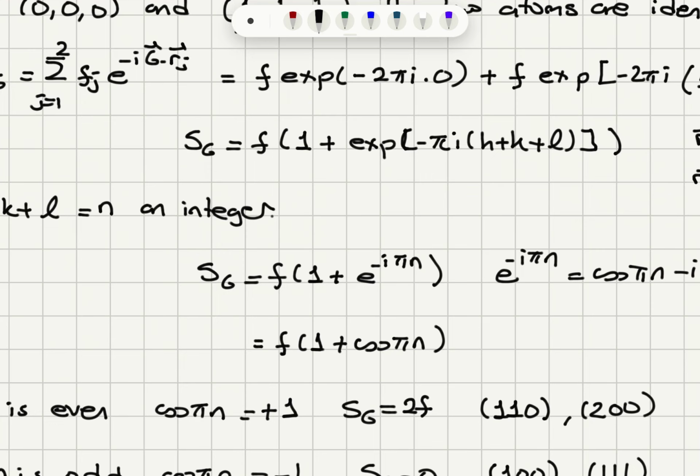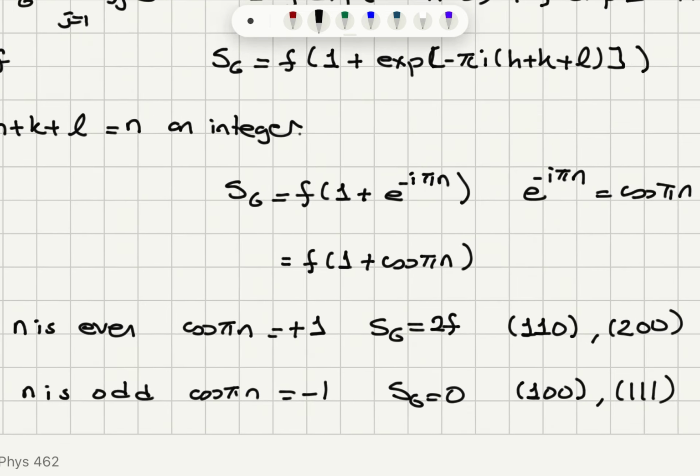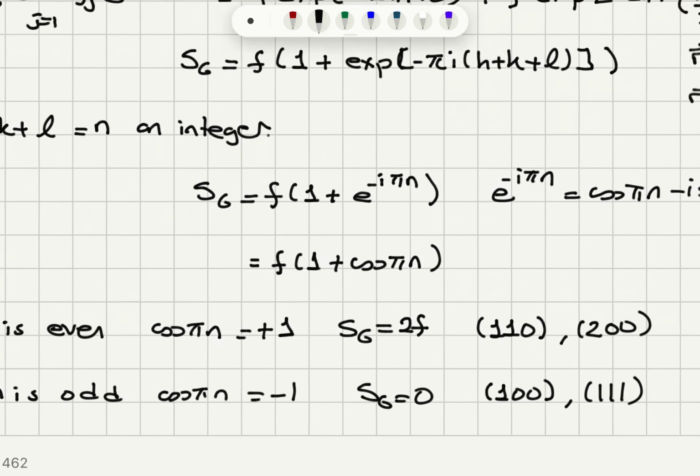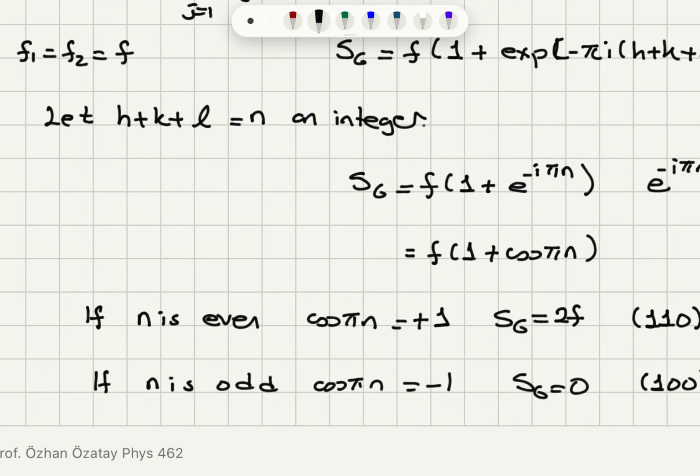So what will happen to this geometrical structure factor depends on if n is even or odd. If n is even, for example cosine 2 pi, that will be 1, the geometrical structure factor will be 1 plus 1 f, 2f, so that will correspond to, for example, h equals 1, k equals 1, l equals 0, where h plus k plus l is equal to 2, which is an even number, or 2, 0, 0, for example.